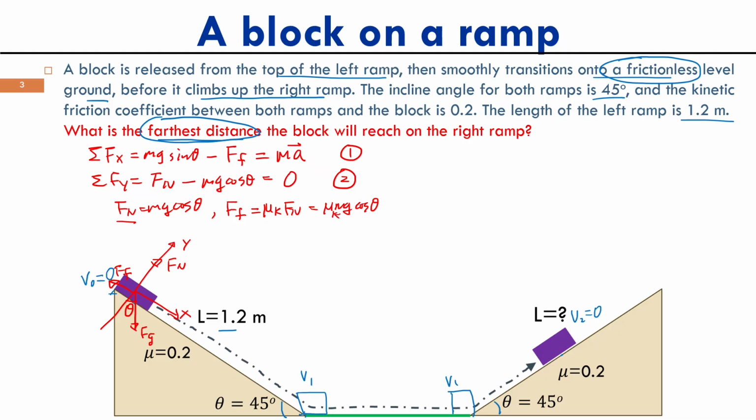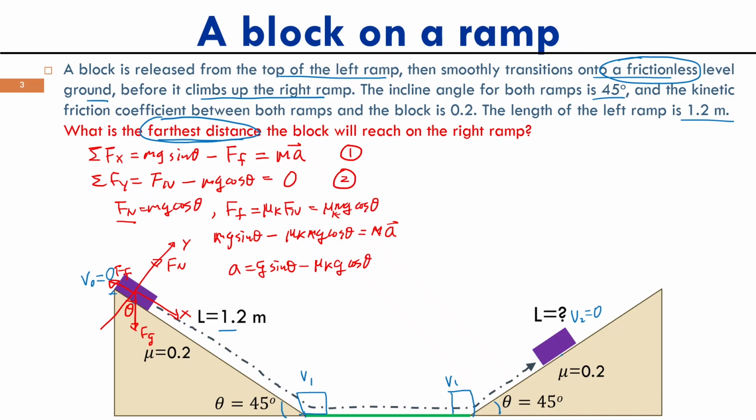Then I can substitute this value into equation 1 to get my acceleration. So it's going to be mg sine theta minus mu k mg cosine theta equals m times a. All the m cancels out, so the acceleration equals g sine theta minus mu k g cosine theta.